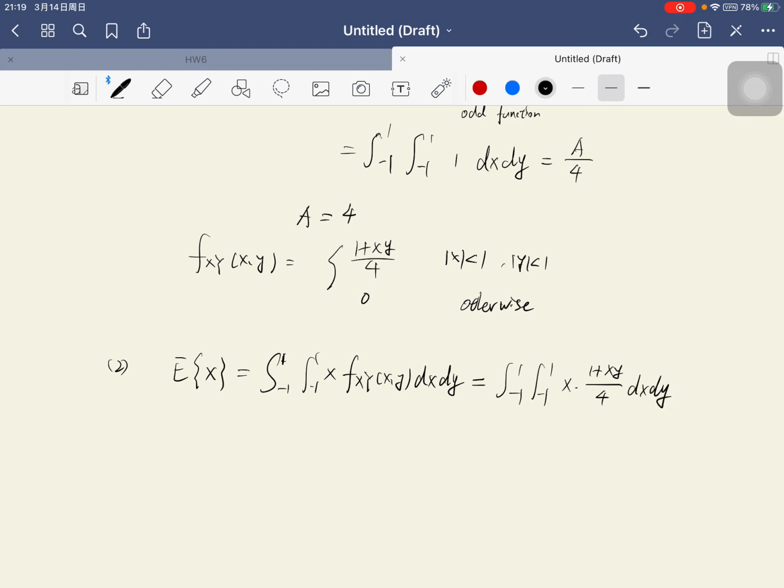It is an odd function, so the value is equal to 0.